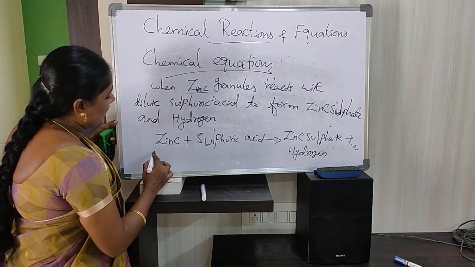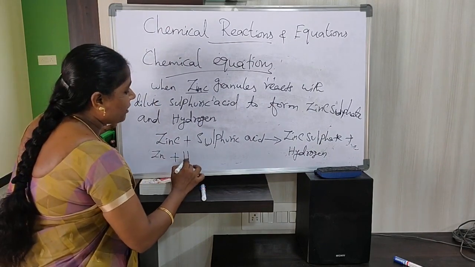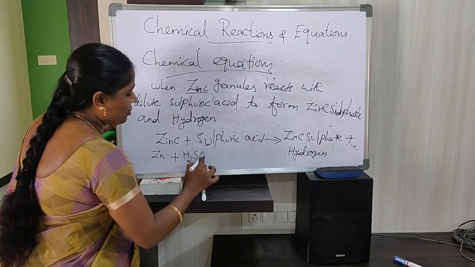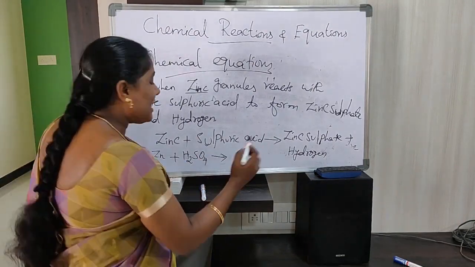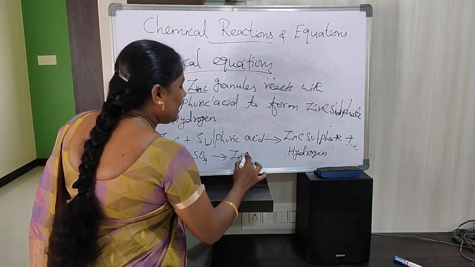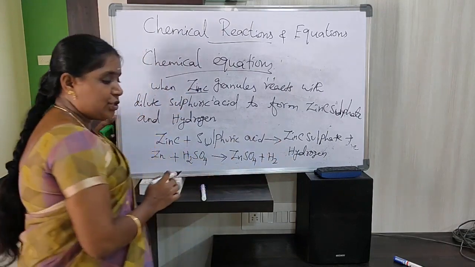How do you simplify? The zinc symbol is Zn. Sulfuric acid, the formula is H2SO4, gives, and what's the formula of zinc sulfate? ZnSO4 and hydrogen H2.